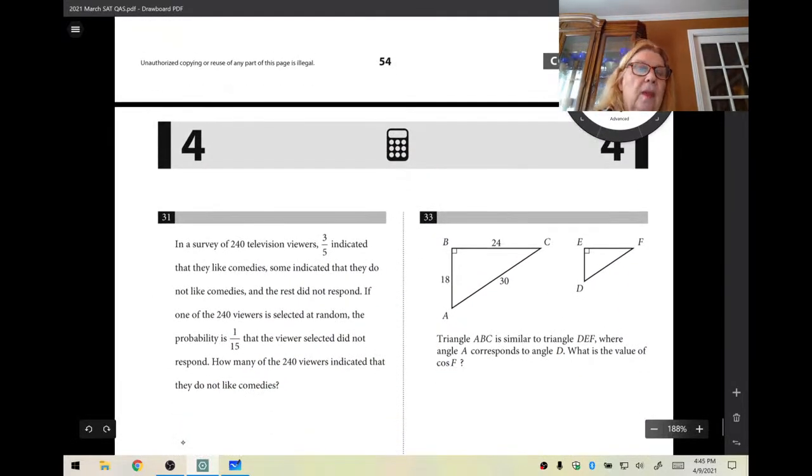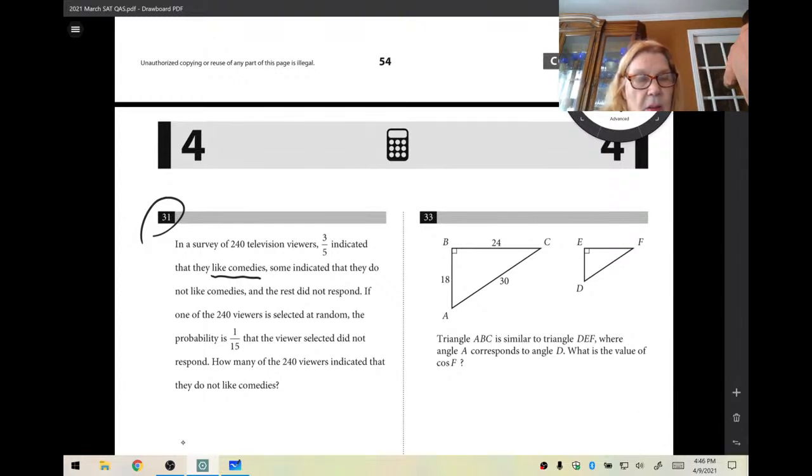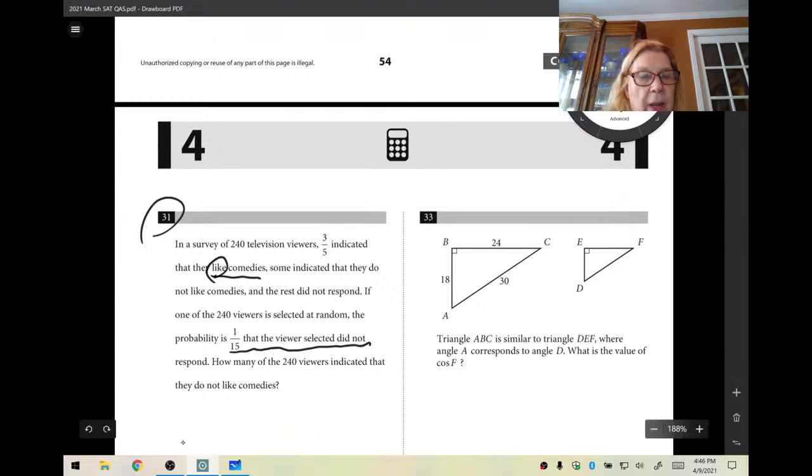Okay. 31. In a survey of 240 television viewers, 3/5 said they like comedies, and 1/15 said they did not respond. Because we have 3 categories: like, do not like, and did not respond.